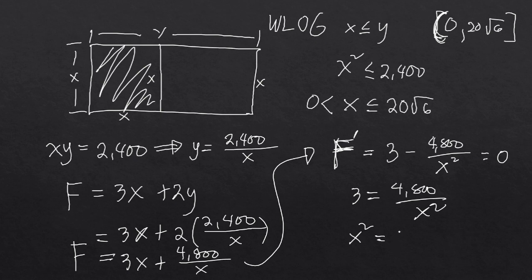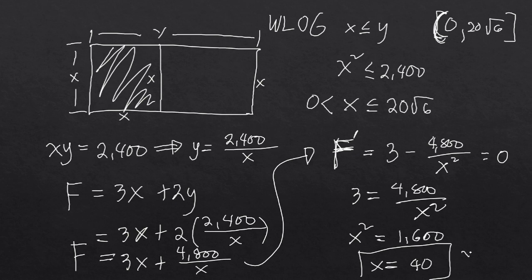That will just give us 1,600. And if we solve for x, it will give us plus and minus 40, but we will only get the positive because we are looking for the length. So your x is 40. And this is your critical point, a critical value rather.